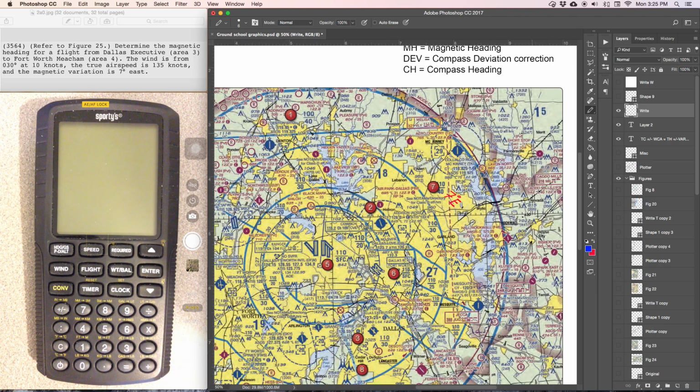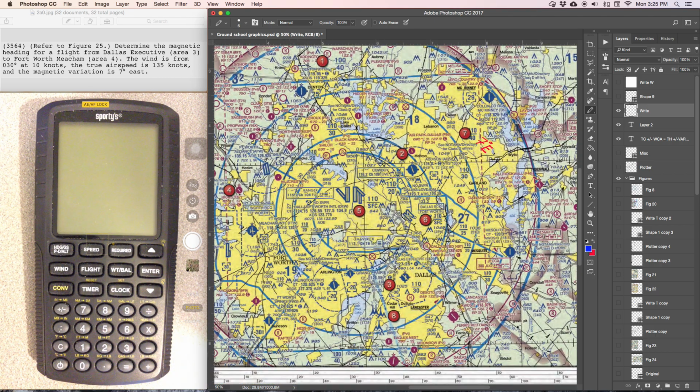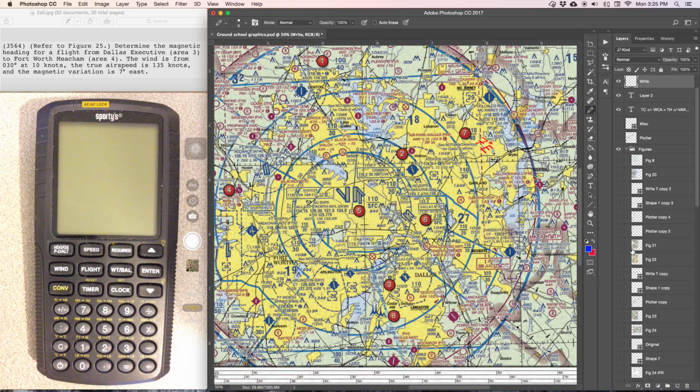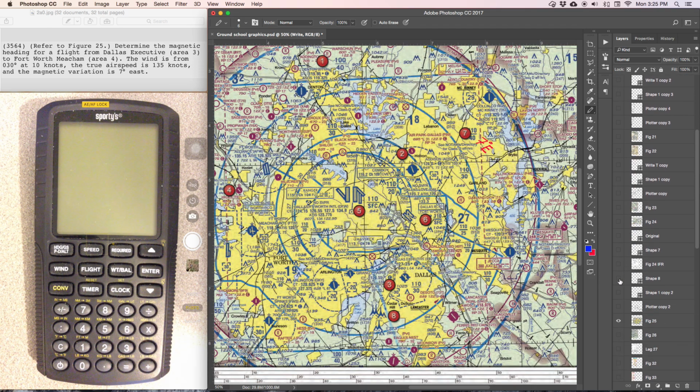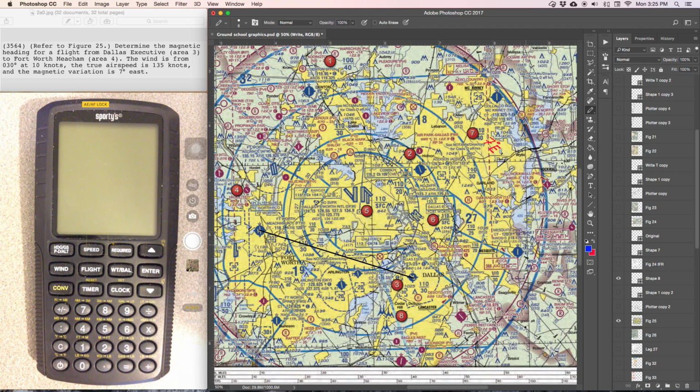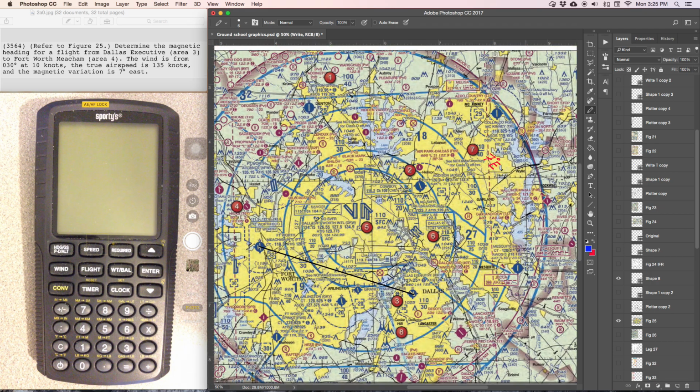To start out, what I like to do is draw a line between the two airports that we're flying to. In this case, we are flying from Dallas Executive up to Fort Worth.